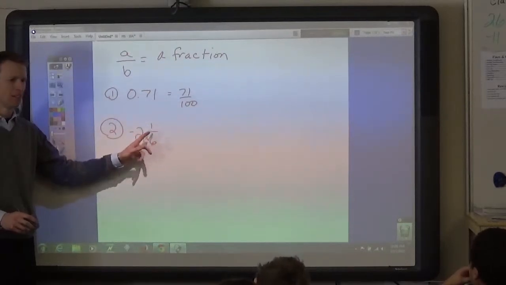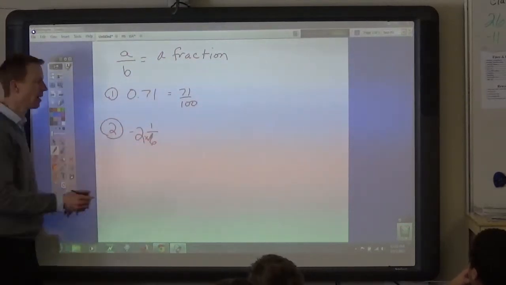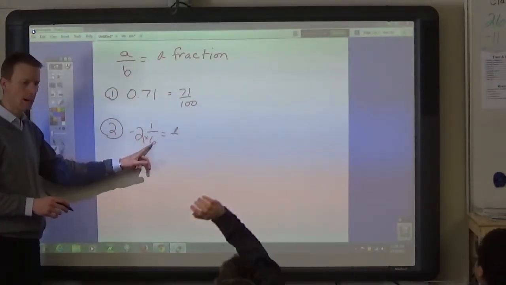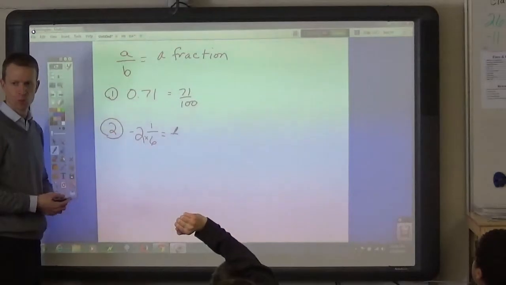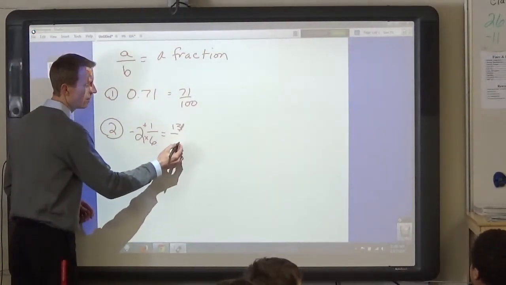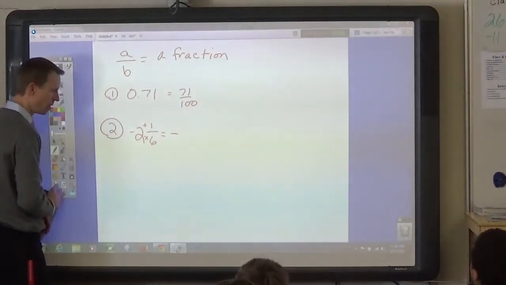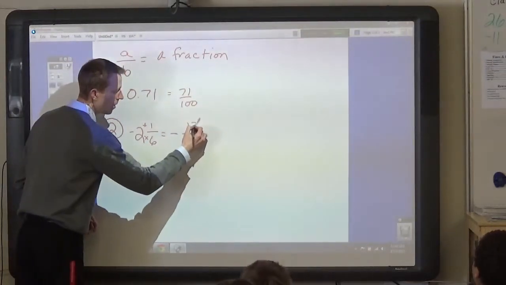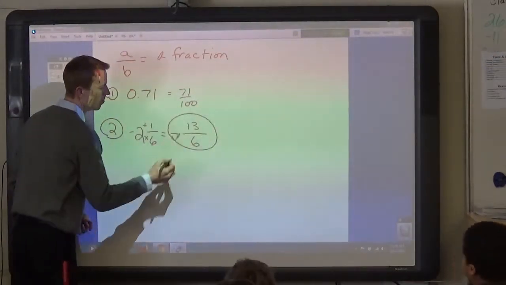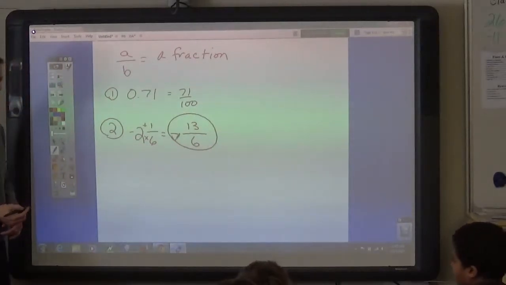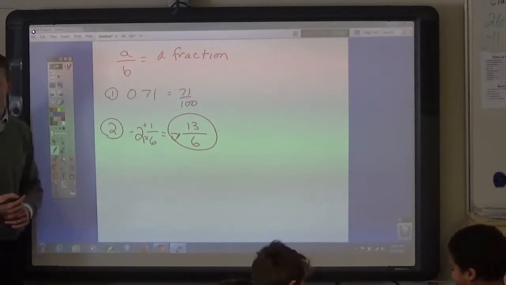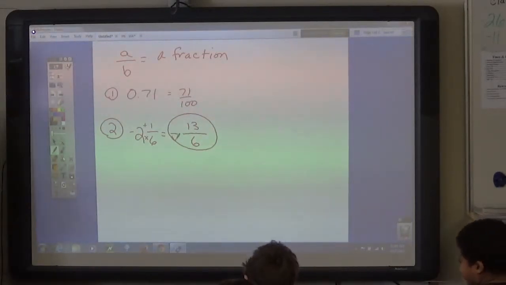It's actually, you just ignore the negative sign. The fraction is going to be negative, so let's just do 2 times 6, 12 plus 1, 13/6. Yep. Oops. This is -13/6. Okay? So that's in the form A over B.